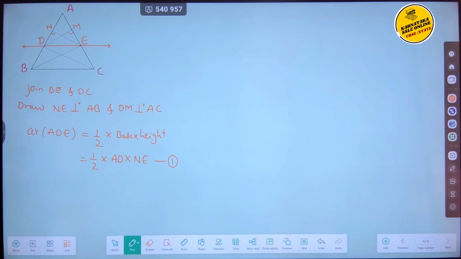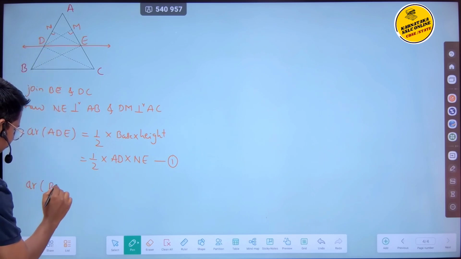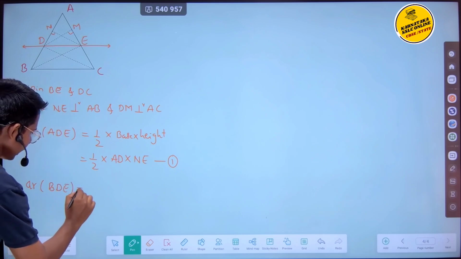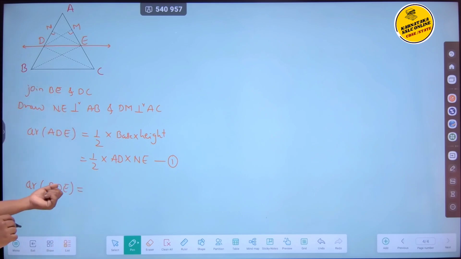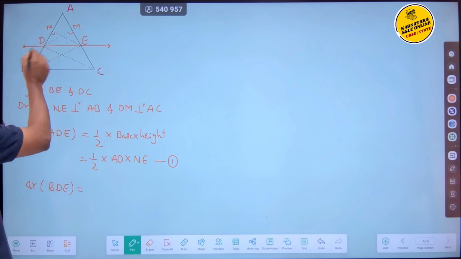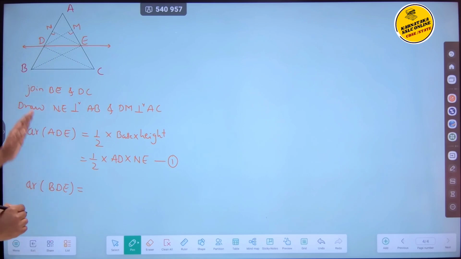Similarly, I'll find the area of triangle BDE. You can call the triangle in any way; you can start with EDB or DEB, that is okay. Again for this triangle, there is no perpendicular line inside BDE. For such a triangle, the perpendicular line, the height, can be outside of the triangle.